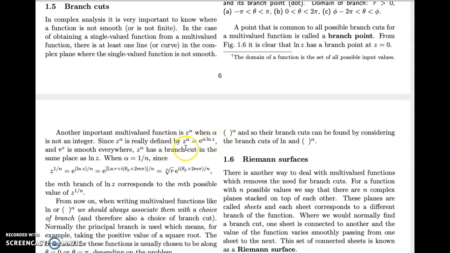Now, e to the z is a nice smooth function everywhere, except at z equals infinity. So that means that z to the alpha, which is e to the alpha log z, is going to have a branch cut in exactly the same place as log z.